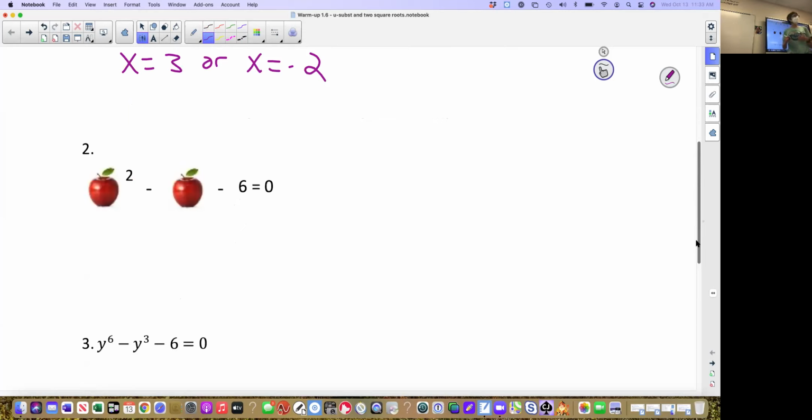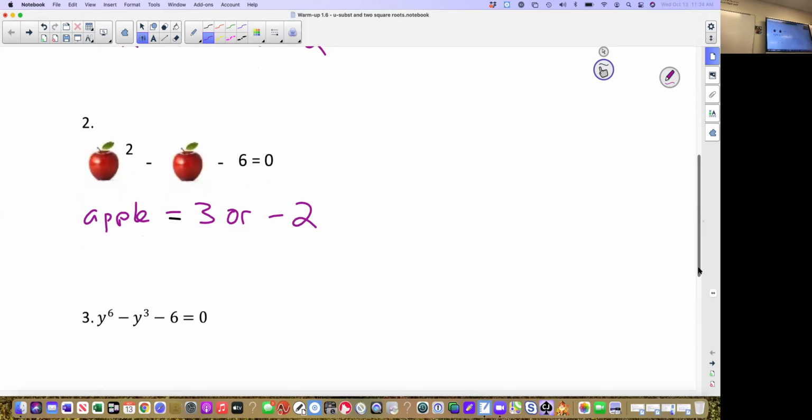So Daniel, what are the solutions to this? Apple equals 3 and negative 2. Same thing, whether it's apple or x.